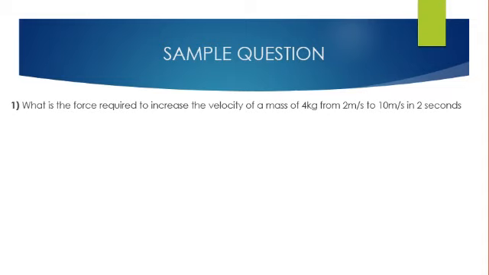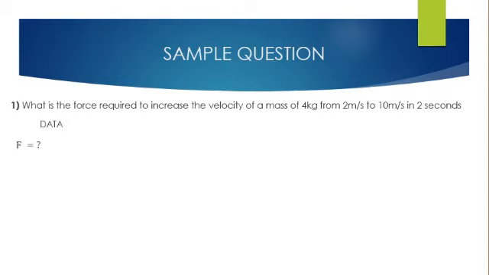The question reads, what is the force required to increase the velocity of a mass of 4 kg from 2 meter per second to 10 meter per second in 2 seconds? So there's an object that has a mass of 4 kg that's moving at 2 meter per second. Now, the question is asking how we can increase the velocity of this mass to 10 meter per second in 2 seconds.